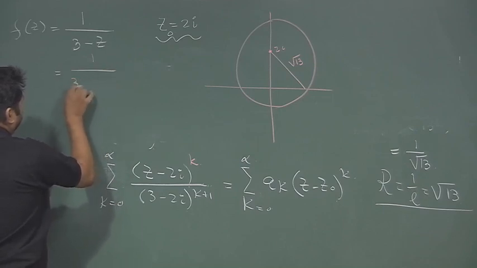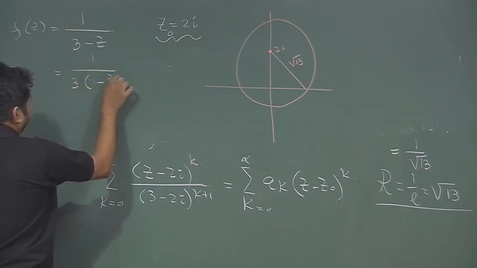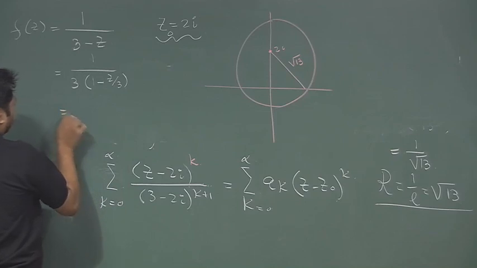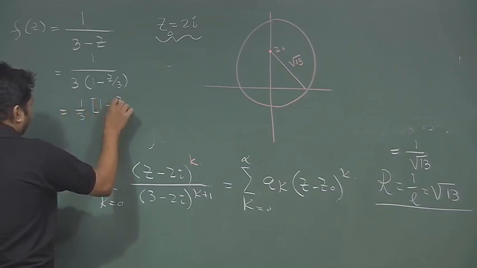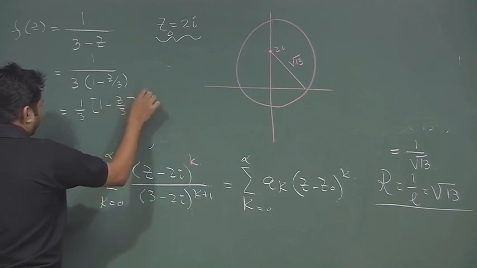If I take 3 common, then it will be 1 minus z by 3, and then 1 by 3 times (1 minus z by 3) to the power of minus 1.